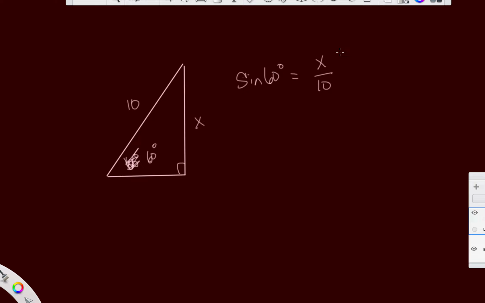I'm ready to go with my calculator. To solve for x, all I have to do is get rid of this 10 here, right? So I'm going to multiply both sides by 10. So I have 10 sine 60 equals x.